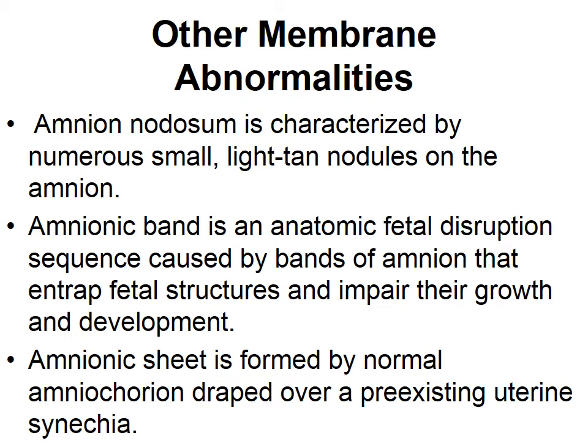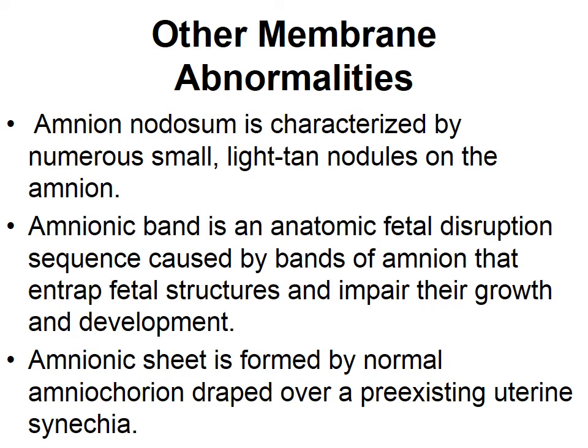Amnionic band. There are at least 2 band-like structures that can be formed by the fetal membranes. Amnionic band sequence is an anatomic fetal disruption sequence caused by bands of amnion that interrupt fetal structure and impair their growth and development.